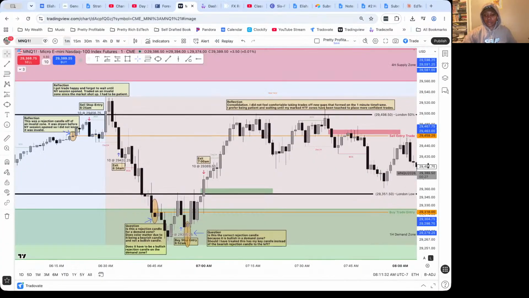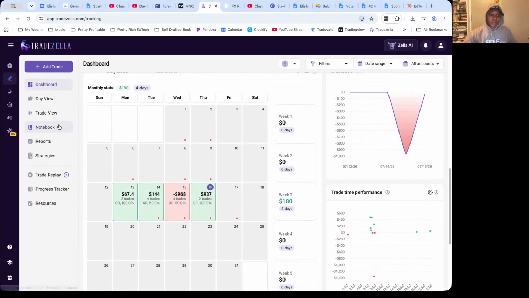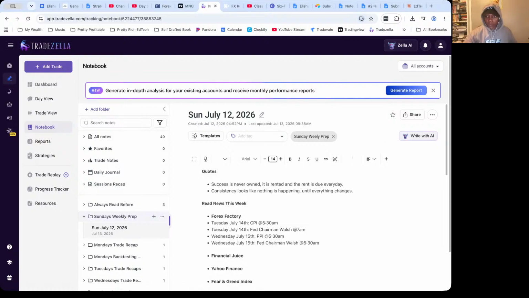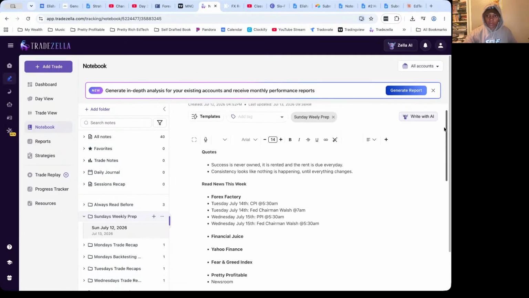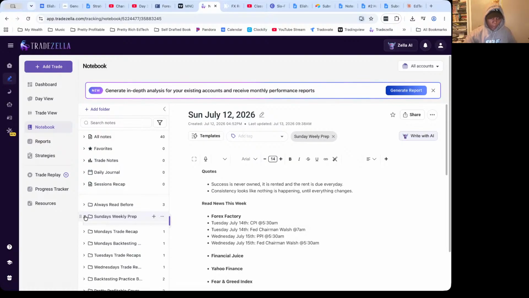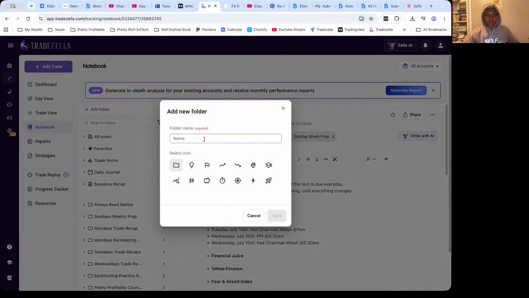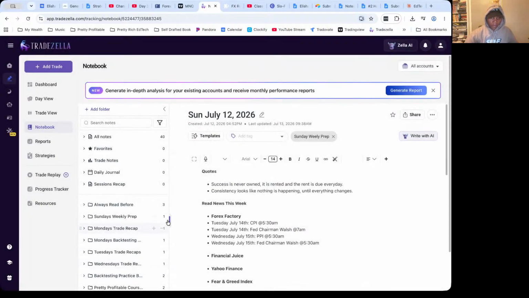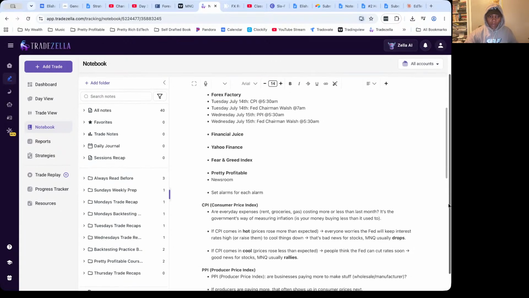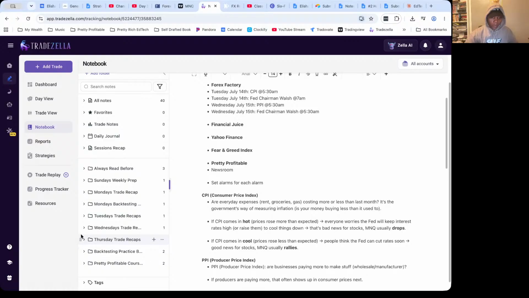So I'm gonna enter my journal, but this is what my journal is. That was from Sunday. That was Thursday. It is up here.